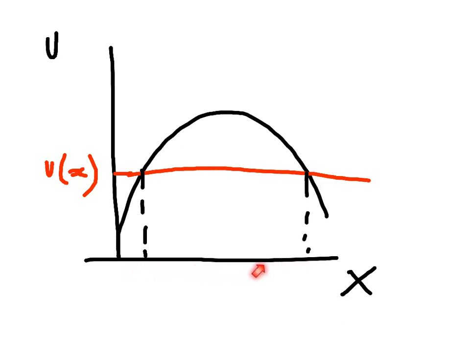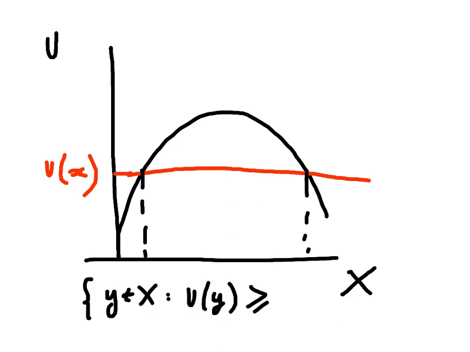This is the set. Let me write it down. This is the set of y in the commodity space such that u of y is greater than or equal to u of x. And let me draw this, show you in a different color. Here is the set.